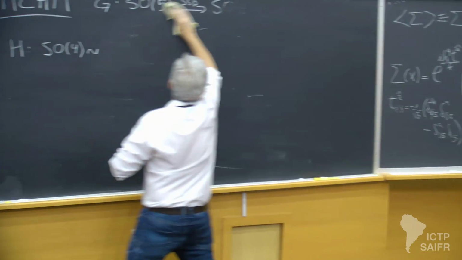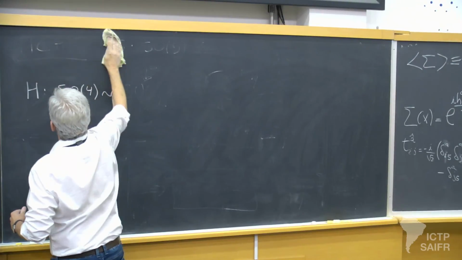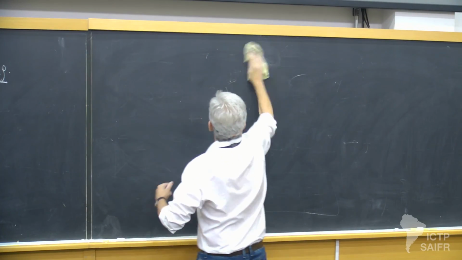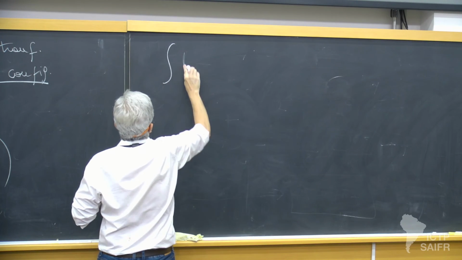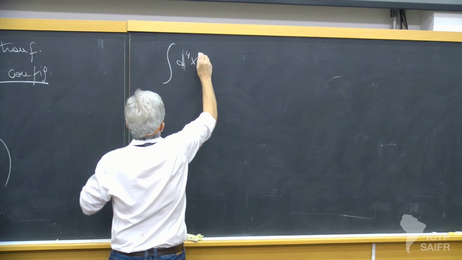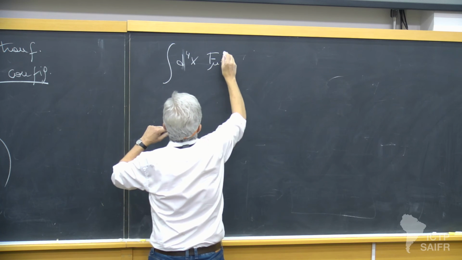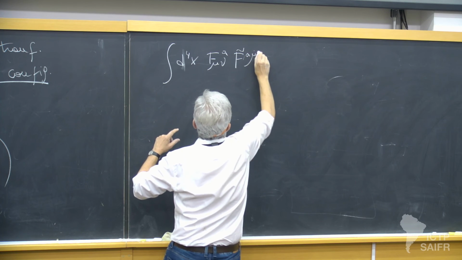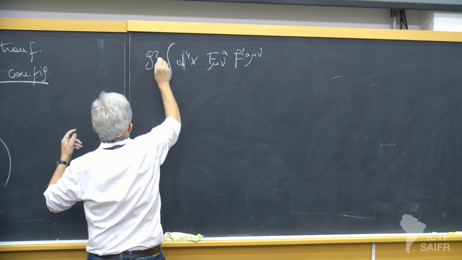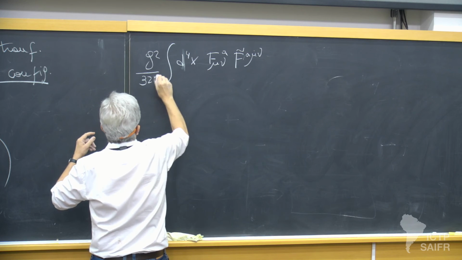To conclude in the last minute, I'm going to make that connection. So the topological charge, if I have this ∫d^4x F_{μν} F-dual times this g^2 divided by 32π^2, okay?